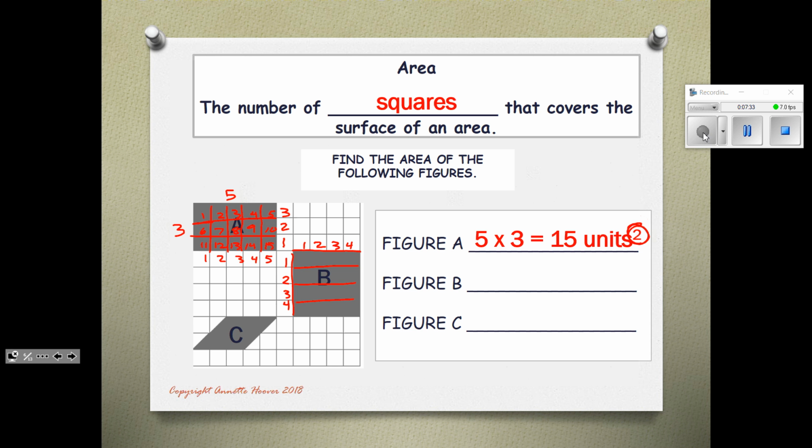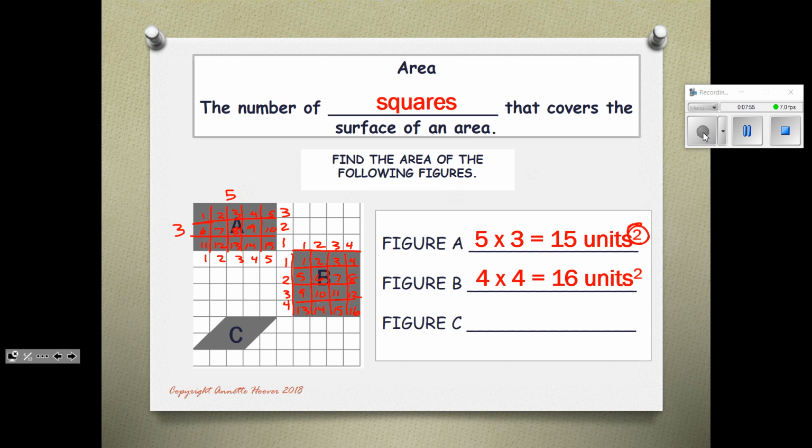If we were to break it up into a grid, you would see that we have 16 squares that cover it. All we had to do was do our 4 times our 4. Again, we multiply the base times the height and get 16 units squared, or square units.